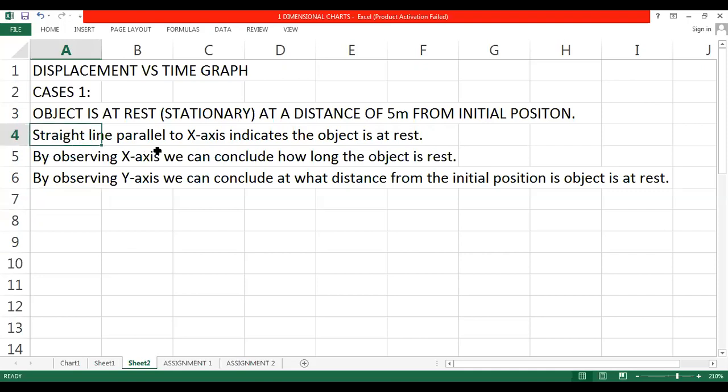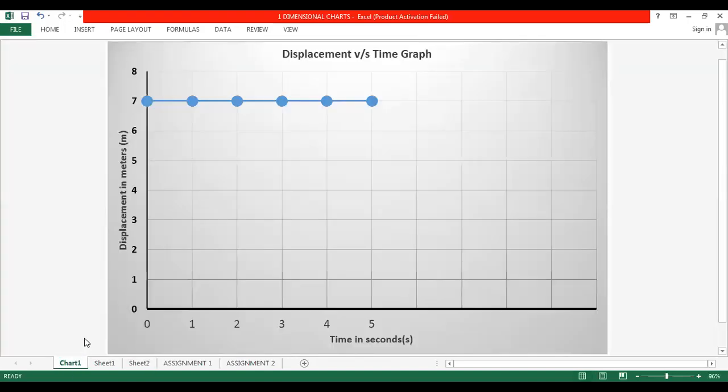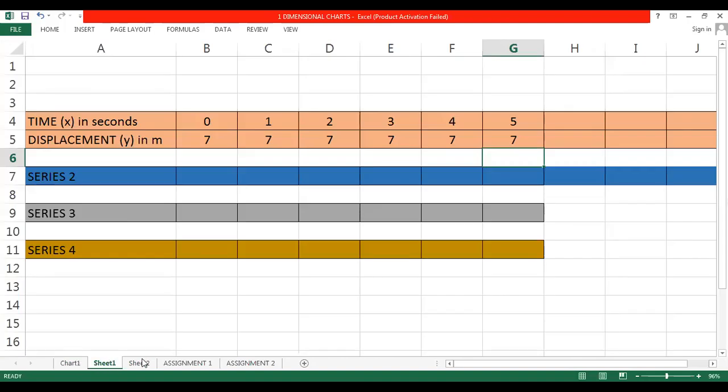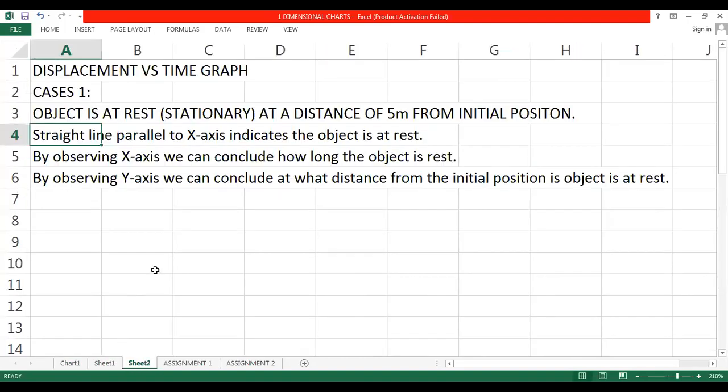The graph is a straight line parallel to the x-axis, and this indicates that the object is at rest. Okay, and how can we conclude how long the object is at rest and at what distance? For that you have to observe the x and y axis respectively, and this is how the nature of the graph will be. Clear, class? So we are done with the first case. These are the essential information you should know about it.